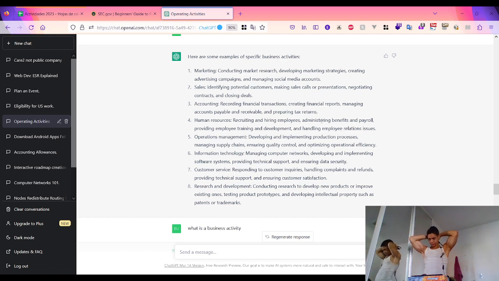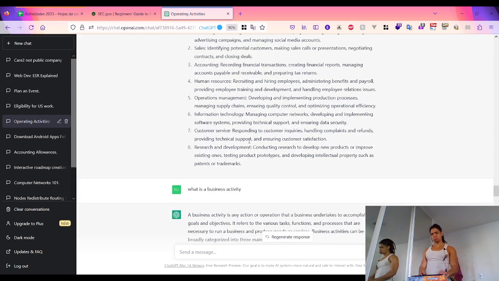Customer service is responding to customer inquiries, handling complaints and refunds, providing technical support, and ensuring customer satisfaction. And then you have research and development.